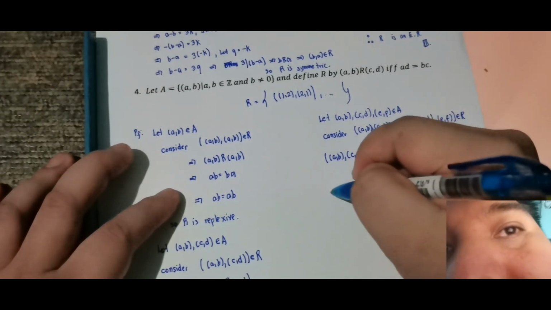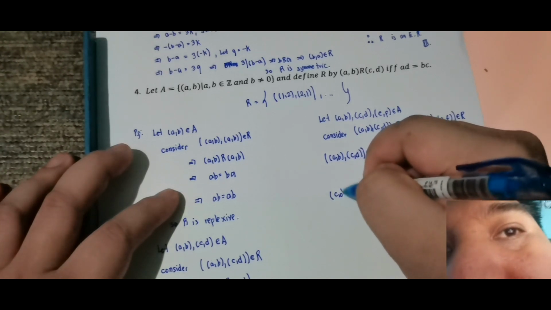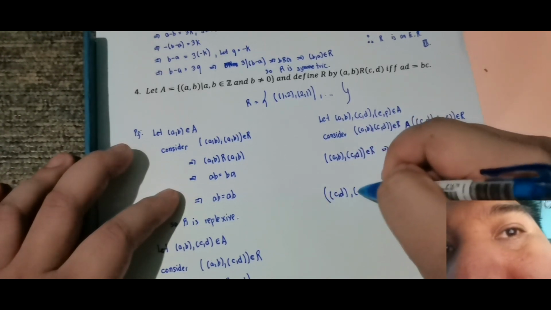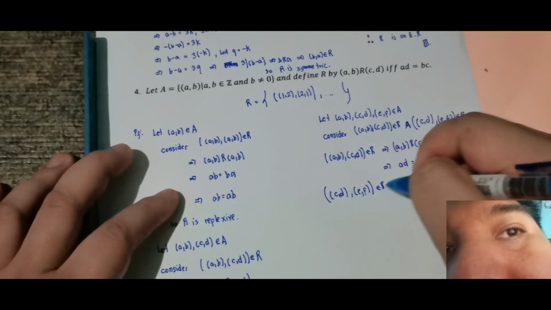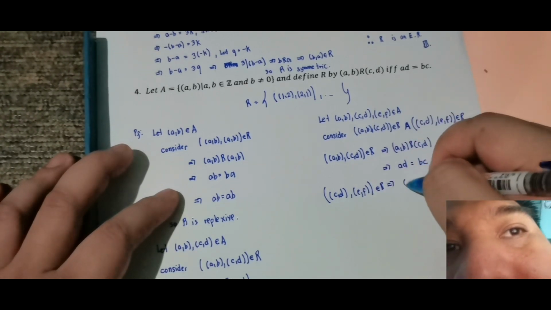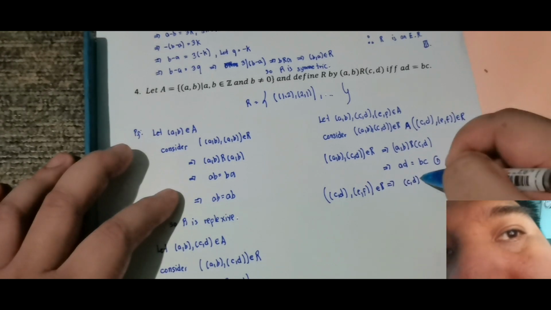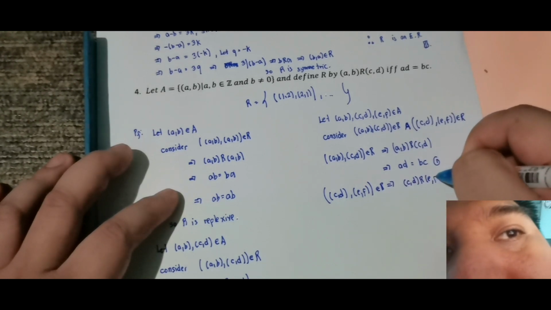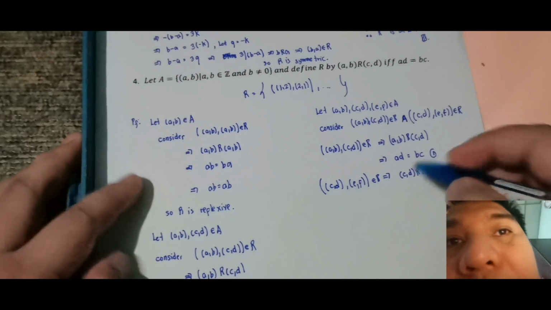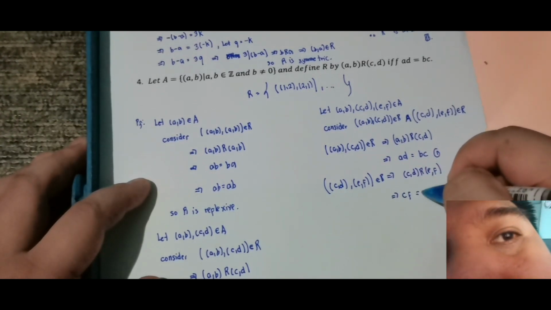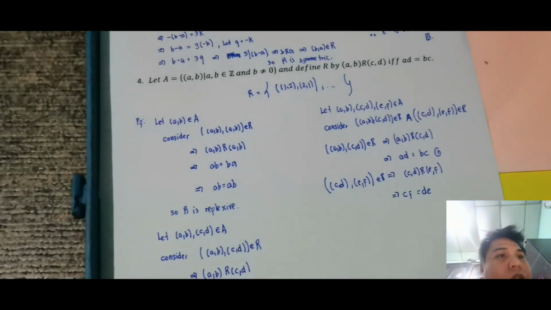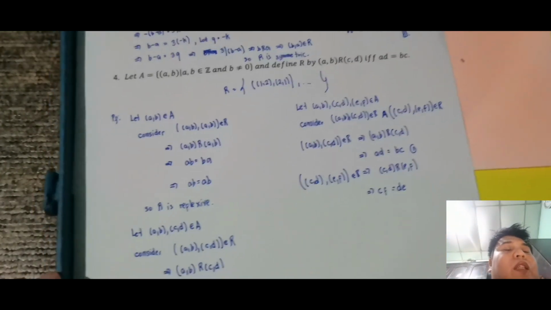Next is (C, D, E, F) element of R. So, this implies that CD is related to EF. So, this is equal sa CF is equal to DE. Kasi outer, then inner.